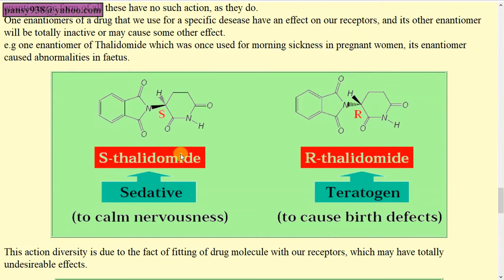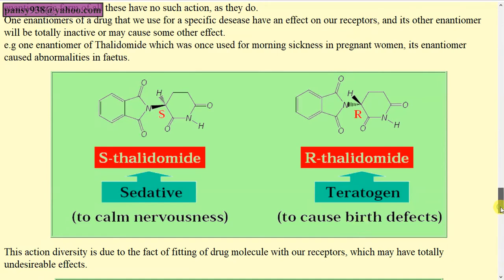S-thalidomide is sedative in action, and it brings down nervousness, while R-thalidomide is a teratogen. It means that it causes birth defects. Both have totally different actions.